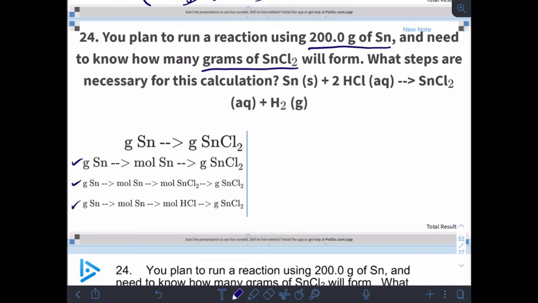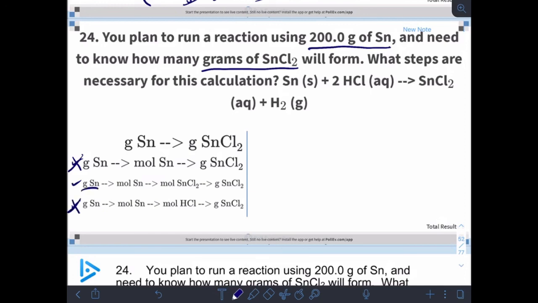So that's going to count out answer number 2. We're also going from moles of tin to moles of tin chloride, and our answer 4 goes from moles of tin to moles of HCl. We don't care about the HCl in this problem, so that's going to cancel out answer number 4.